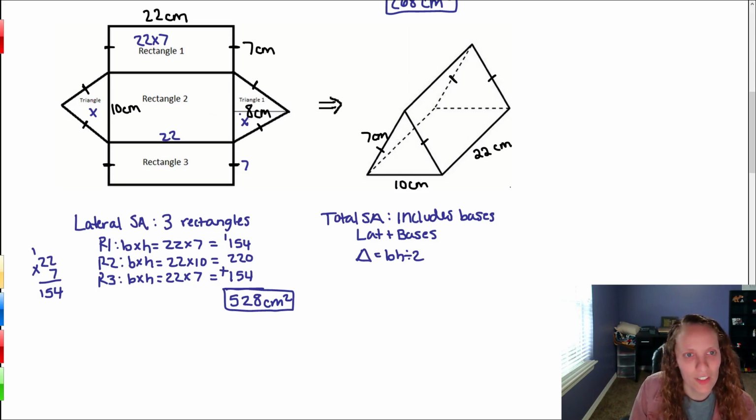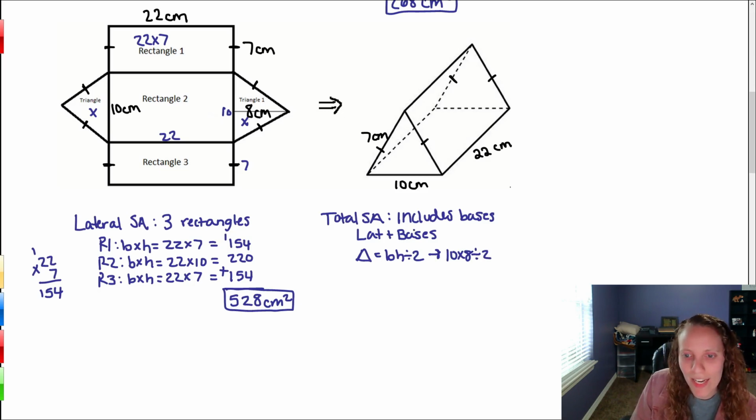Well, this line here, it looks like the height of a triangle is 8. And then I see a 10 over here, which means that this side will also be 10. So base times height, we're going to do 10 times 8. And then divide that by 2. Well, 10 times 8 is 80.